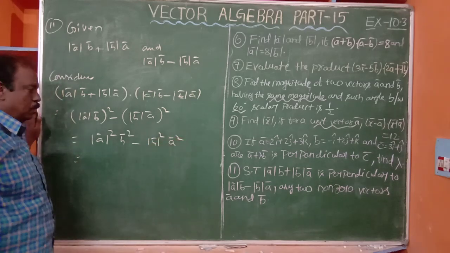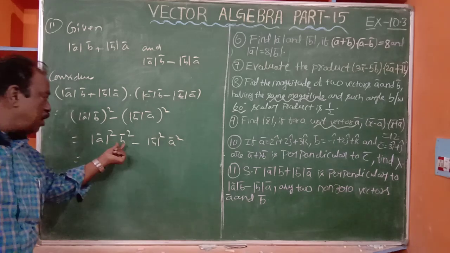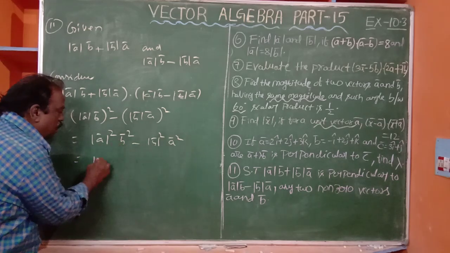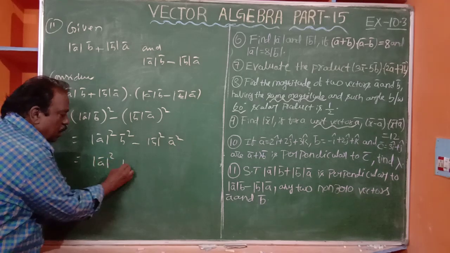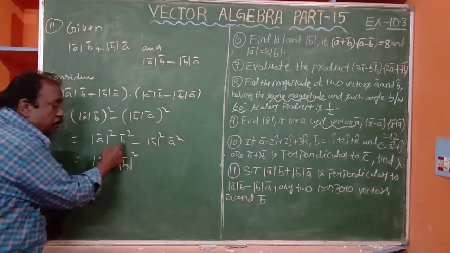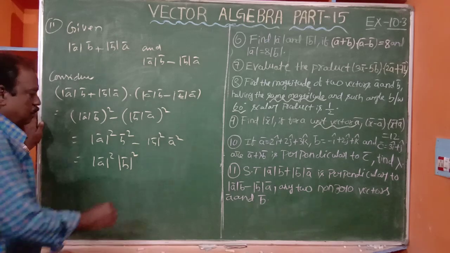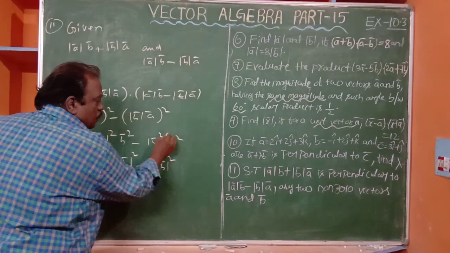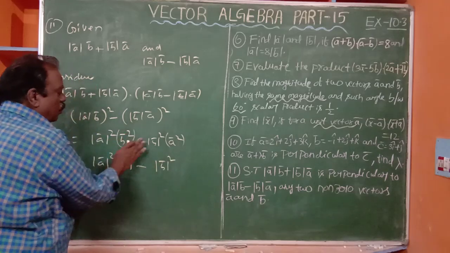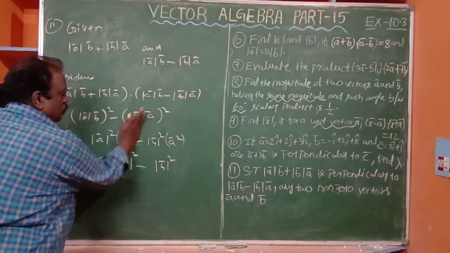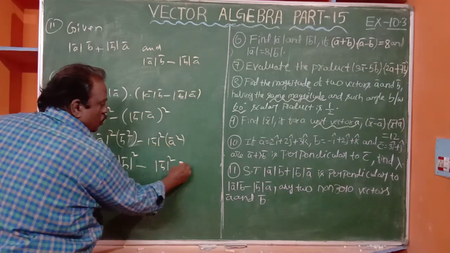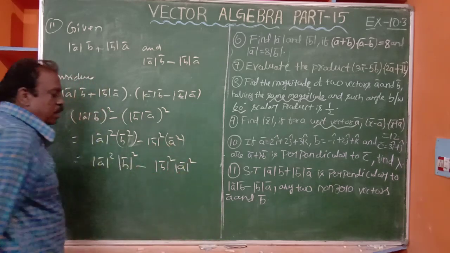I already told you the square of a vector means the square of its magnitude, minus modulus of B bar square. Here also it is the square of a vector, so its magnitude square will come.